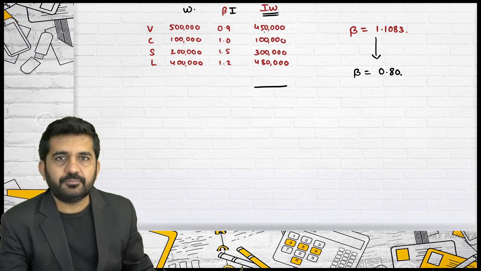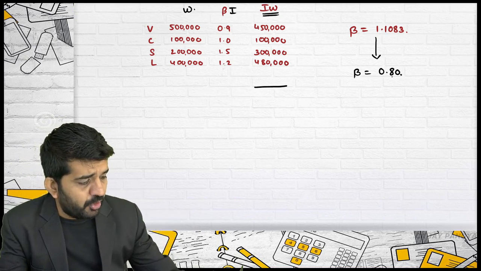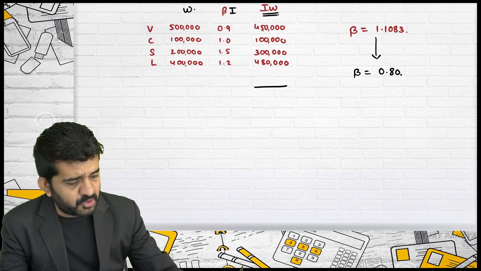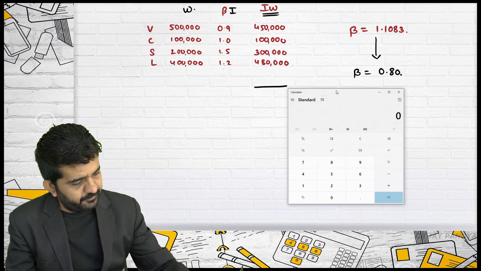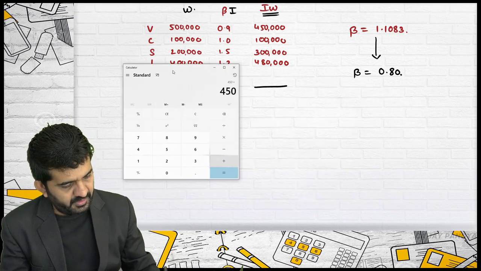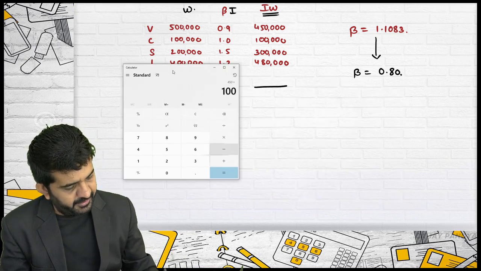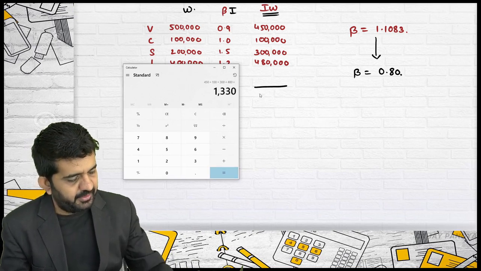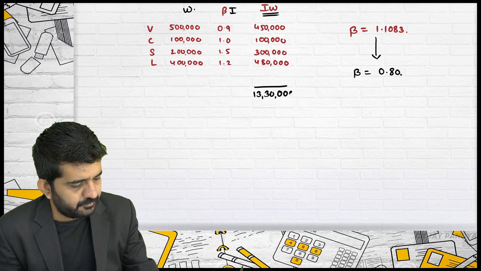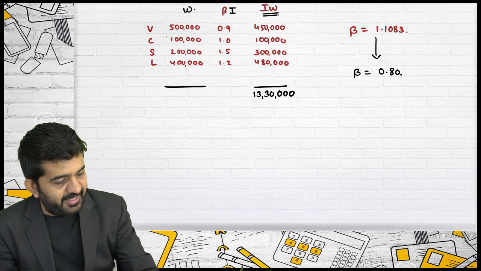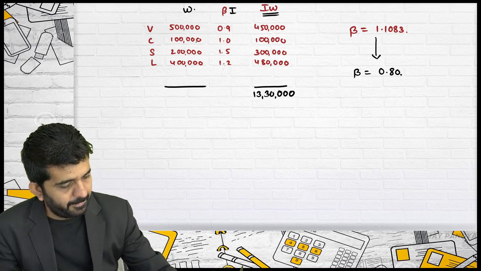Try to concentrate. This is I, this is W, and this is IW. So if I want to reduce this beta, first what is the numerator? 450 plus 100 plus 300 plus 480. It is 13,30,000, which is divided by 12 lakhs.